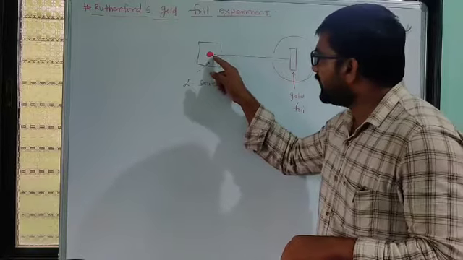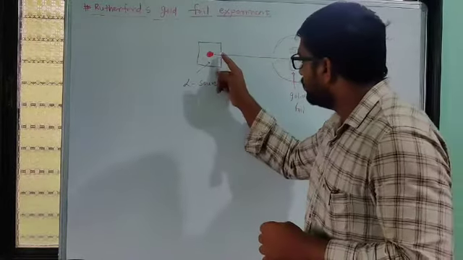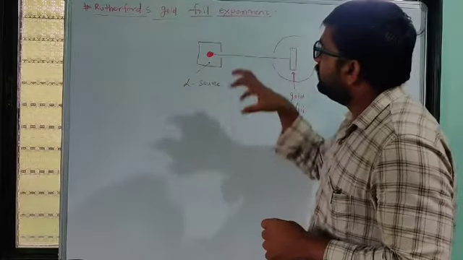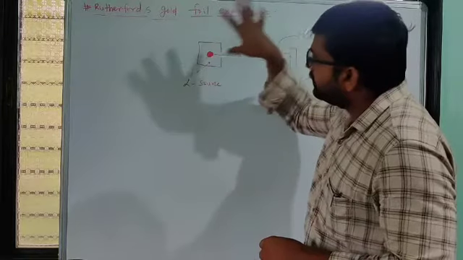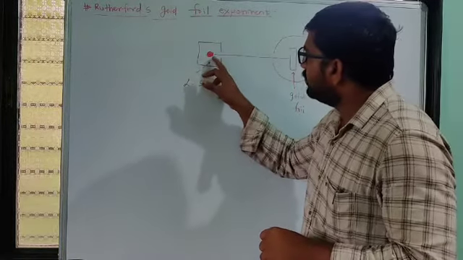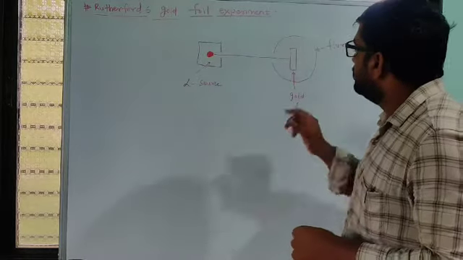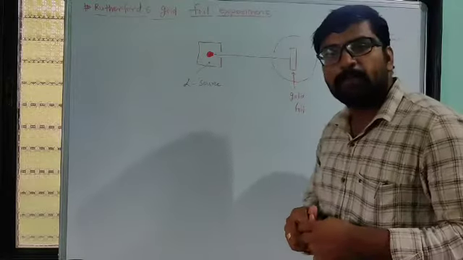So we get a unidirectional flow of alpha particles from here. This is the substance holder, this is the alpha particle source, this is our gold foil, and this is the fluorescence screen.